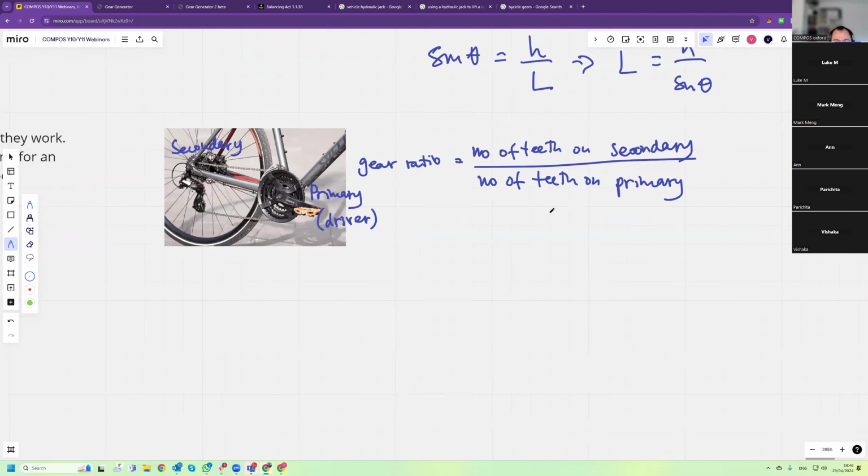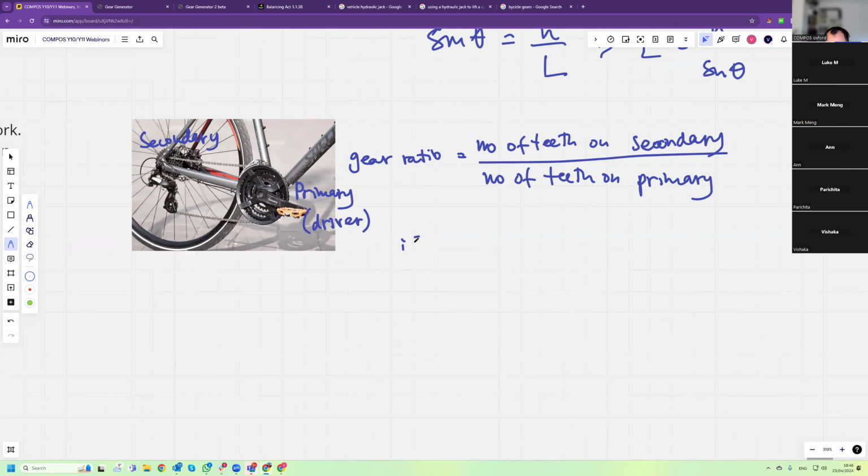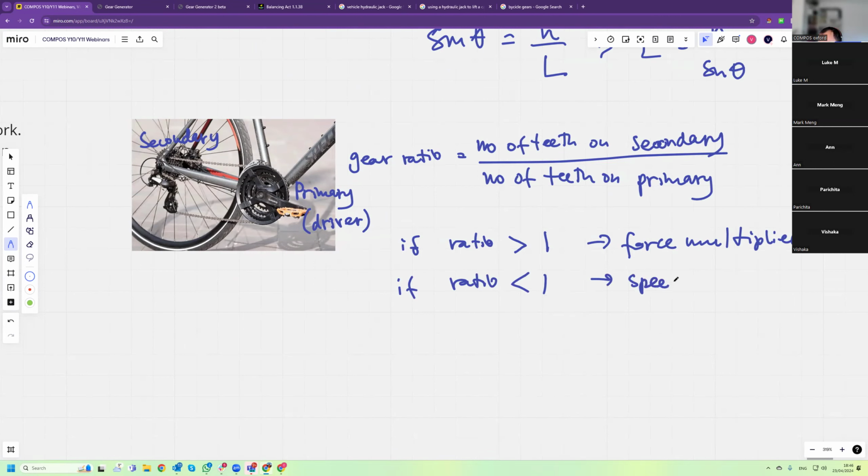So if the ratio is greater than 1, that means it is a force multiplier. And if the ratio is less than 1, it is a speed multiplier.